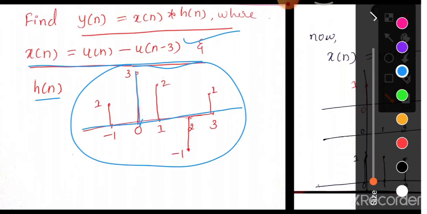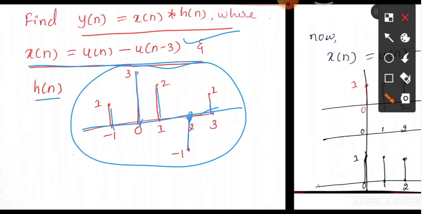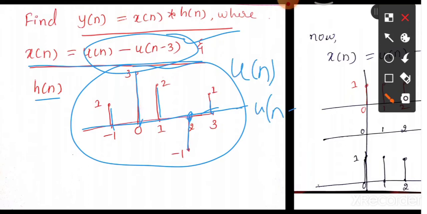At 0 you have 3, at minus 1 you have 1 magnitude, at 1 you have 2 magnitude, at 2 you have minus 1 magnitude, at 3 you have 1 magnitude, and x of n is a signal in the form of an equation. So we have to work out u of n minus u of n minus 3.